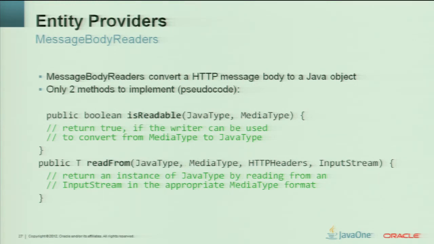Or if you have a media type application XML, you would have an XML parser and read just an XML block from the HTTP packet and convert it to a Java type, which you then return as the return value of the read from. And that's pretty flexible.